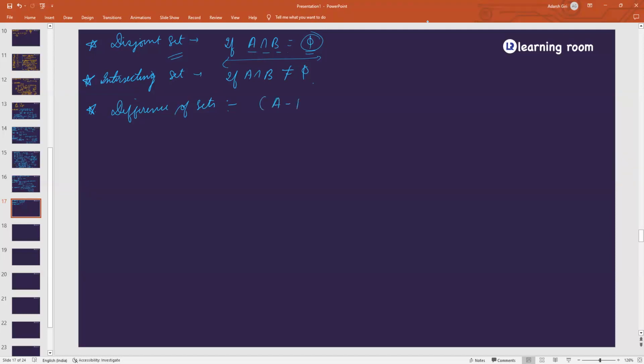If we are writing A minus B, where A is a set and B is a set, that means we are making a set of elements x such that x belongs to A and x does not belong to B. A minus B.